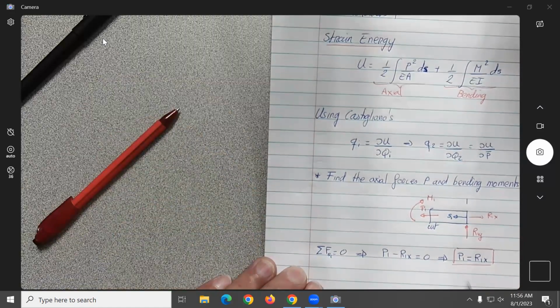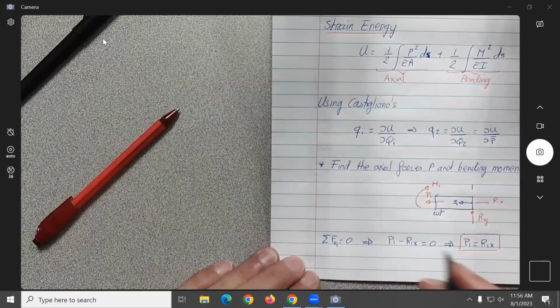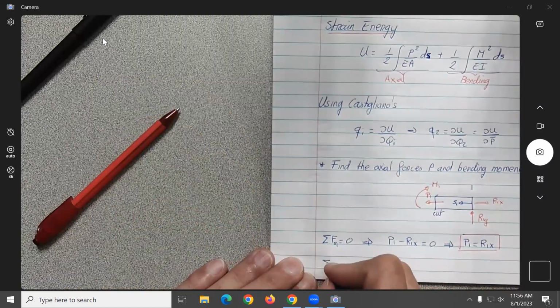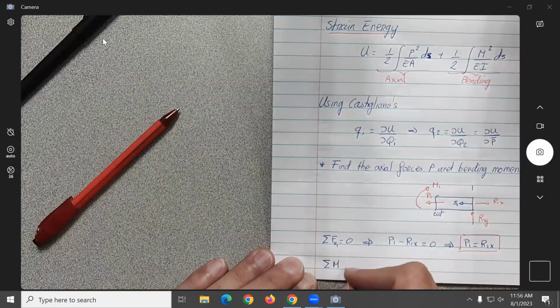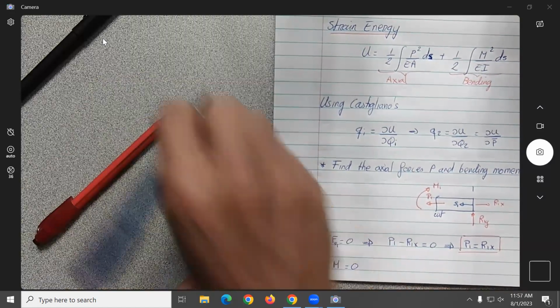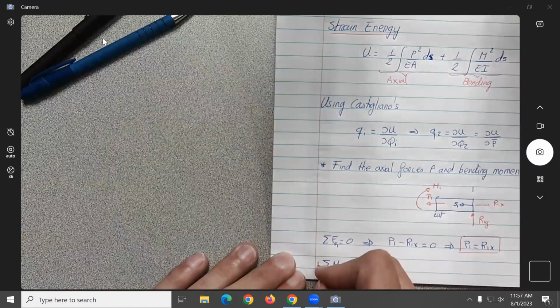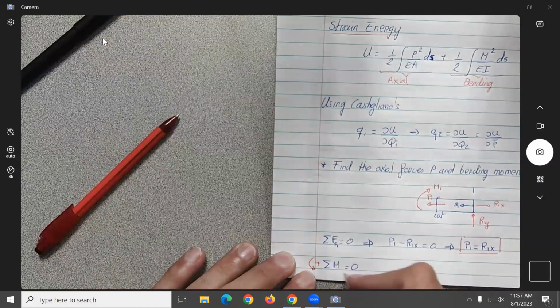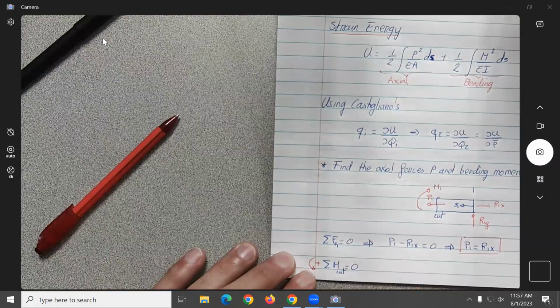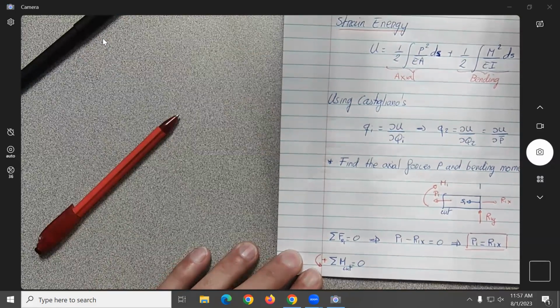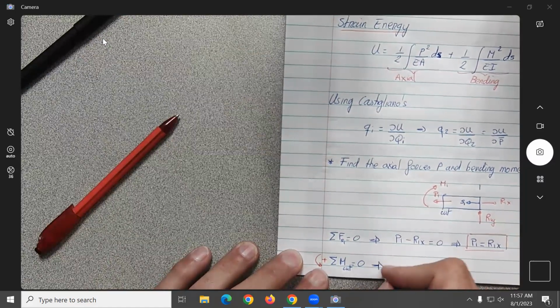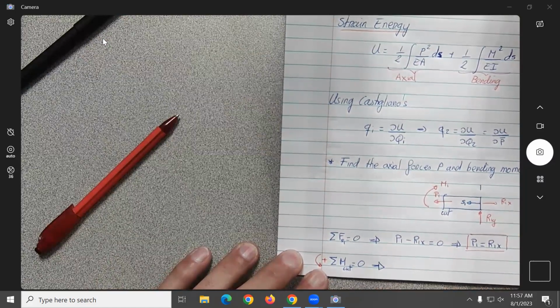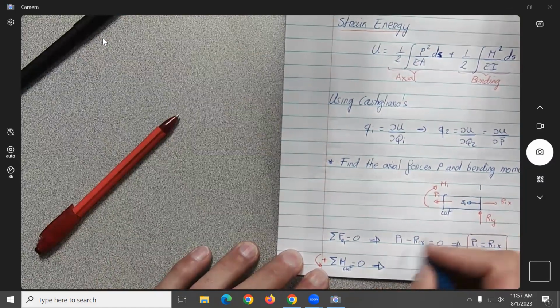Okay, what do we do in order to find M1? We take moments about which point? You always take the moments about the cut, when you do cuts. I mean, you can take it from the other point, but then it becomes a lot more complicated. So what would you get if you take the moments about the cut?